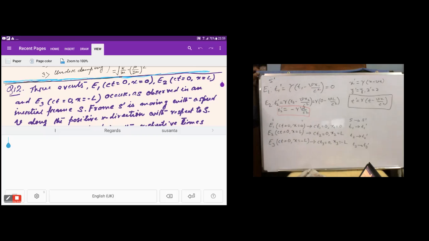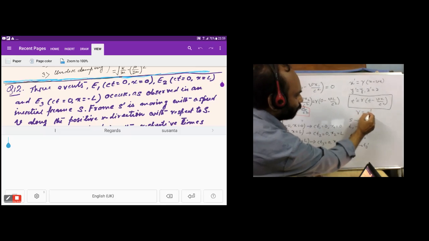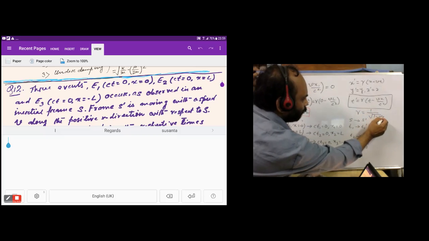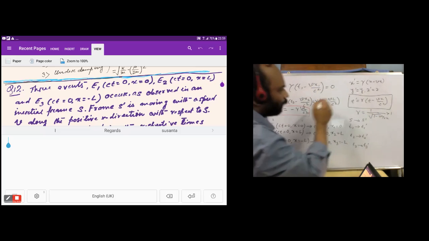And we know gamma is nothing but 1 by square root of 1 minus V square by C square, which is greater than 1.